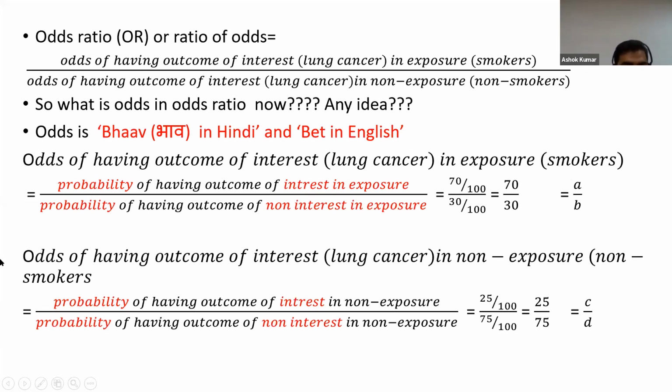Okay, then what is it? Probability of having the outcome of interest, meaning lung cancer, in non-exposure, divided by the probability of not having the outcome of interest in non-exposure. Now we are talking about non-exposure, that is non-smokers. So again, we have calculated the probability.